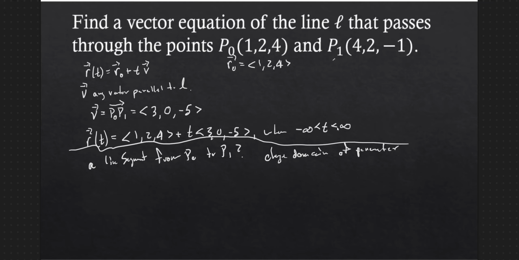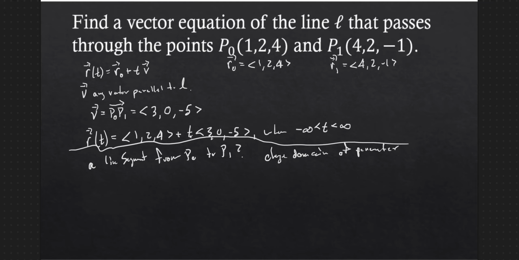And so how can I do this? Well, if I put in t equals 0, I get out R0. So I'm actually going to call this R1, just for illustrative purposes. R1 is going to be 4, 2, negative 1. That's my R1. So R0 is the same as R of 0. That's not by definition or anything.